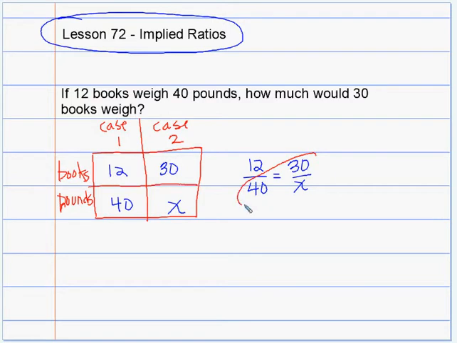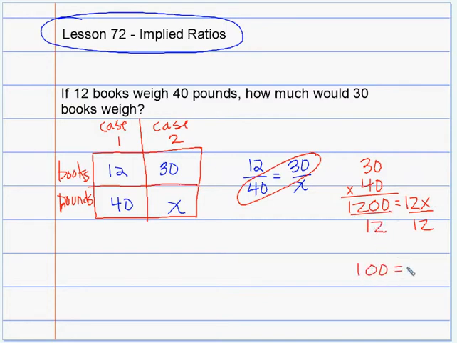So I'm going to take 30 times 40 and I will get 1200, and that has to equal the other product, which is 12x. So I would divide both of these by 12 and I would get 100 equals x. So 30 books weighs 100 pounds.